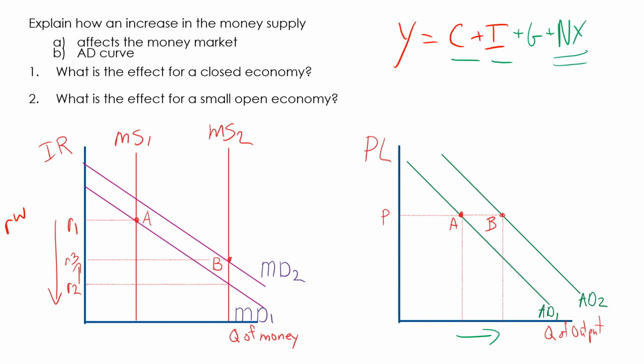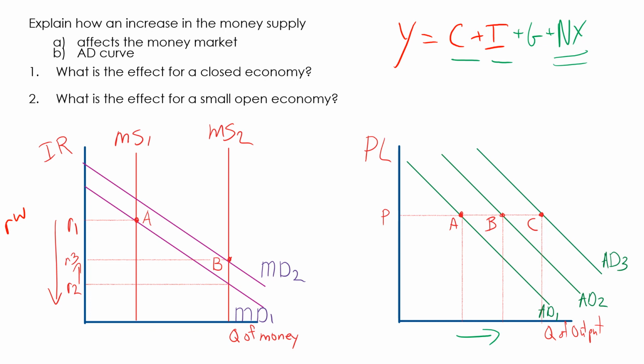Net exports. As the Canadian dollar goes down, foreigners find Canadian goods cheaper, and Canadians also buy more Canadian goods because foreign products become more expensive. So we see an even further shift in aggregate demand because of that hit on the exchange rate caused by the reduction of the interest rates.